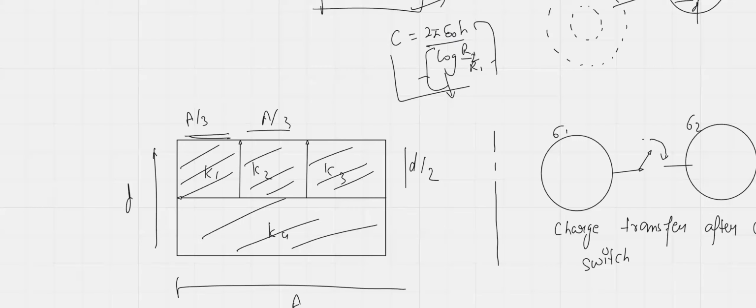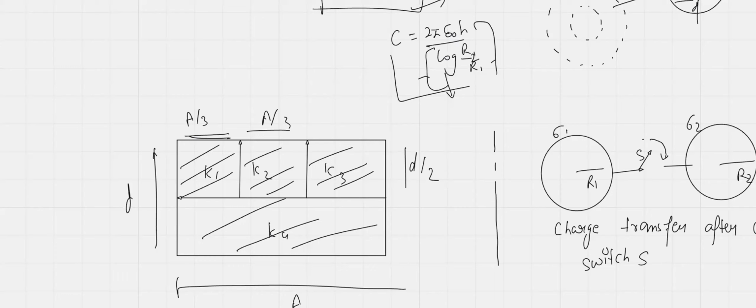So K1, K2, and K3 will be in series, and then K4 will be in parallel. By doing that, I have got an answer. What is the net capacitance you have got?